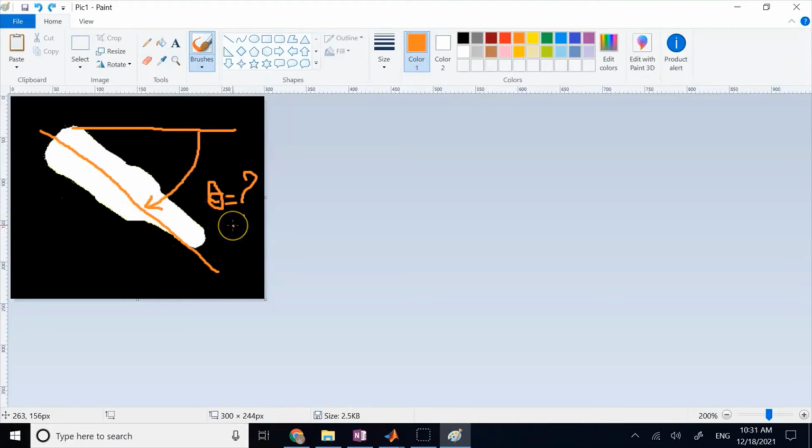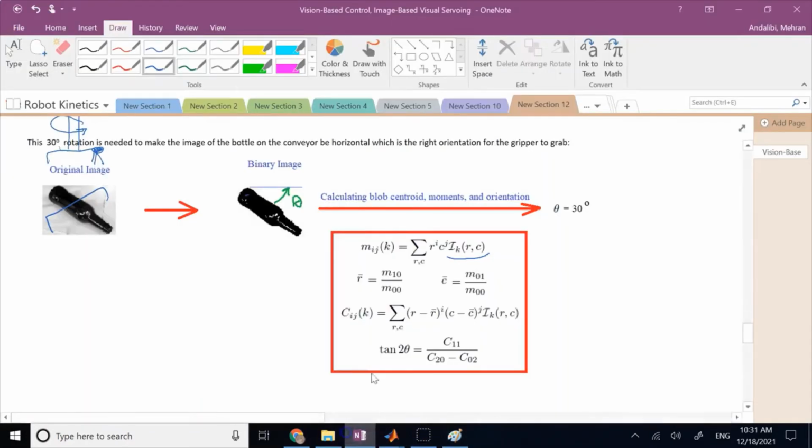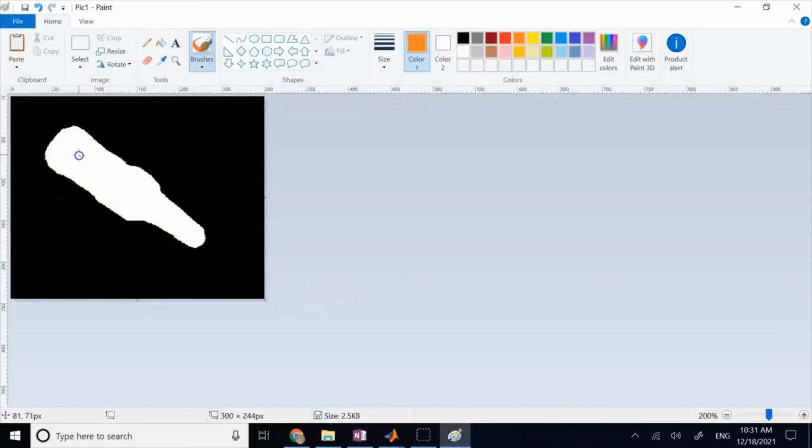How do I find it? Well, based on the formula I told you, you need to find the moments. So that moment ij that I just showed you, it is like this. If I go to a specific pixel like here, that pixel has a row index and a column index in the image.